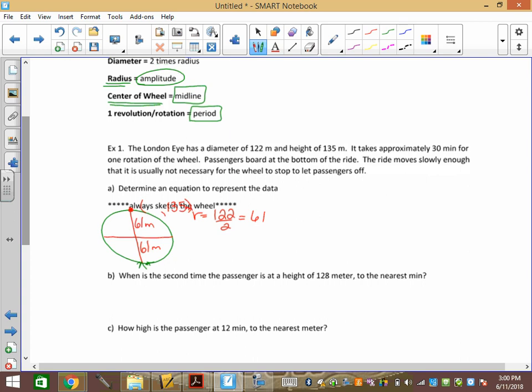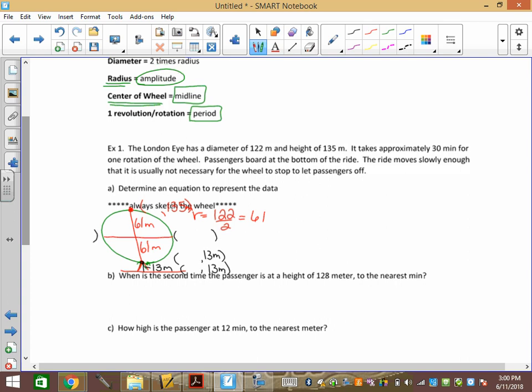The distance up to there is 122, and then to the ground, right? So if I go 135 minus 122, what's my base? So the base is 13 meters, we agree? So this point is 13 meters. We don't know the x's yet.